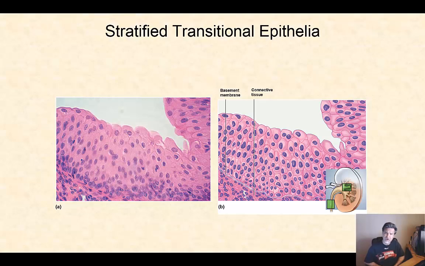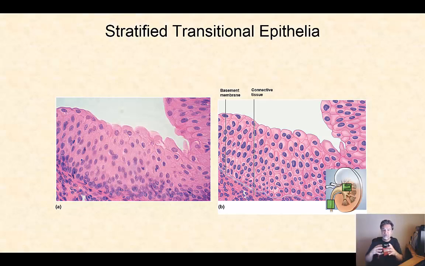Now, what is the goal here? What is the role of this epithelia being in the bladder? Well, what does the bladder do? The bladder fills with urine and expands, and then you drain the urine and it collapses, right? Well, we need an epithelia that lines this structure that can adapt to this increase and decrease in size that alternates a few times a day.